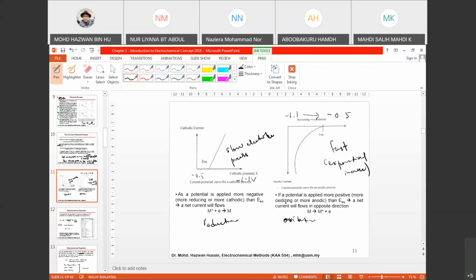The thing is, I thought this is the standard potential. Oh no, this is actually the measured potential. It's not the standard potential, because at the end, if we want to calculate E cell, we have to scan from one potential to another potential, from minus 1.1 to minus 0.5. This is where the measurement is. Then you will see the current response.